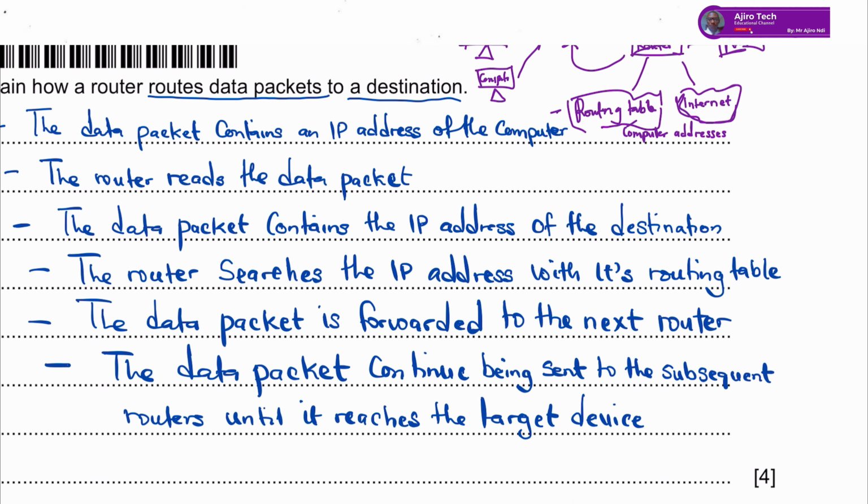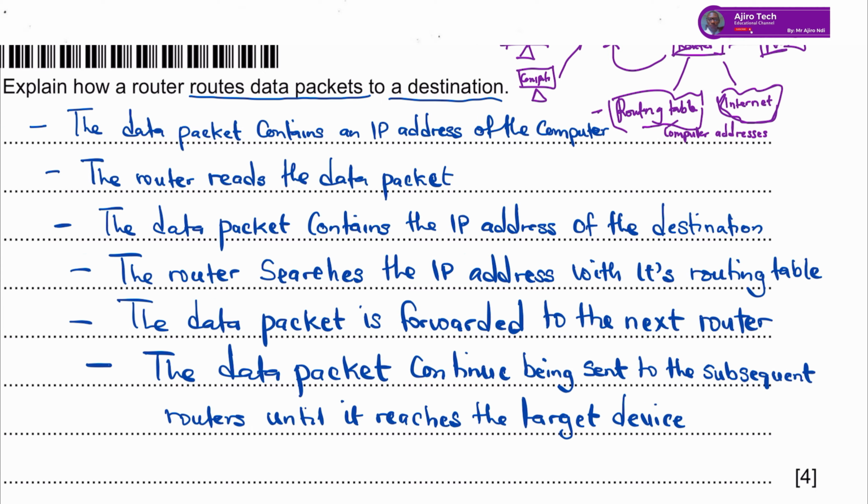So this is very important. And even if the destination address is still not known, it would use the default route. Okay, so still not a problem.